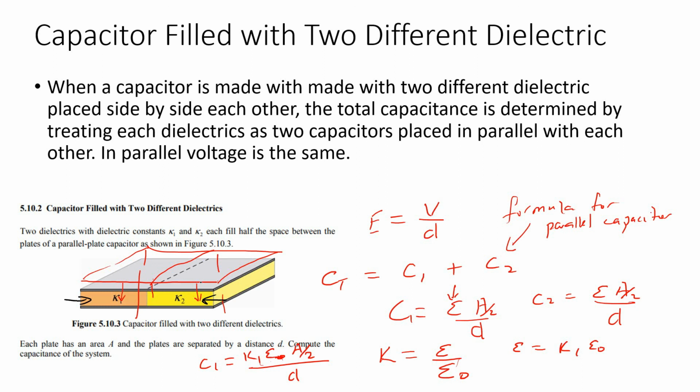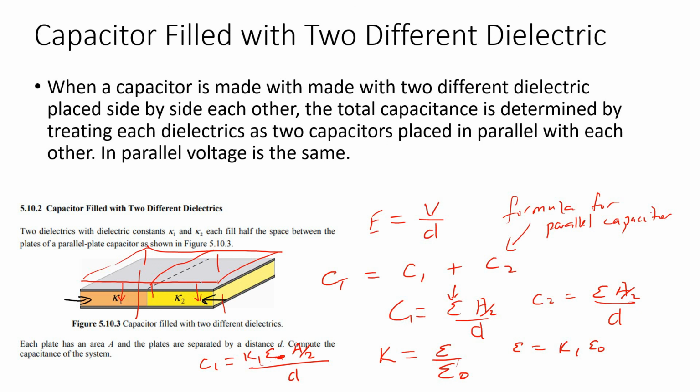So this arrangement is showing us when we have capacitors in parallel. And if we can recall how we find the capacitance for capacitors in parallel, we sum up the capacitance.